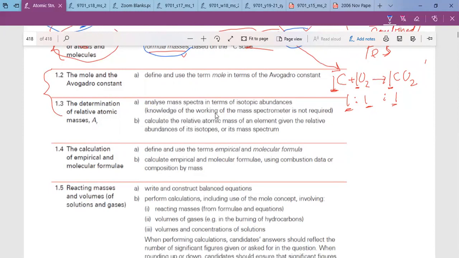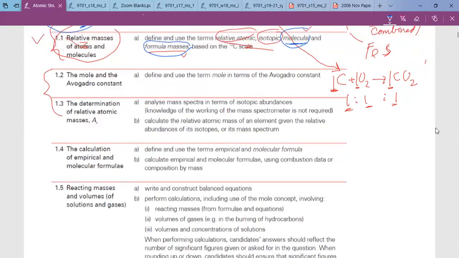Knowledge of the working of the mass spectrometer is not great. A few terms you need to understand: determination means I find out what the value is, discover, find out. If you don't understand, determination is a hard word, I know. Relative means finding out the relative atomic mass of elements.